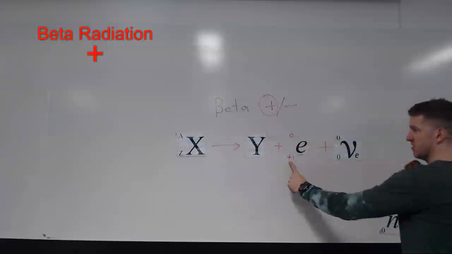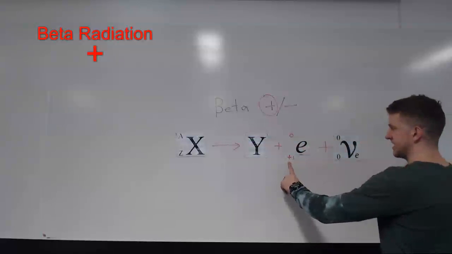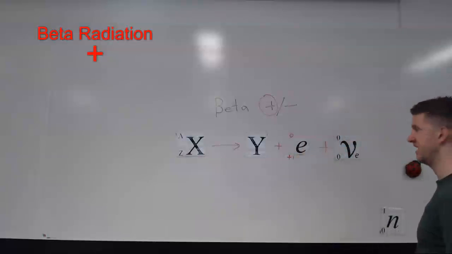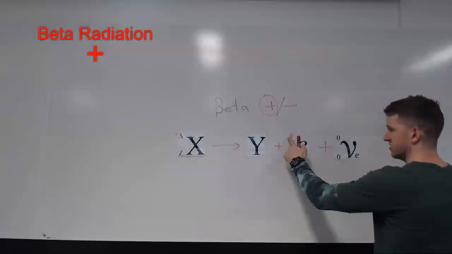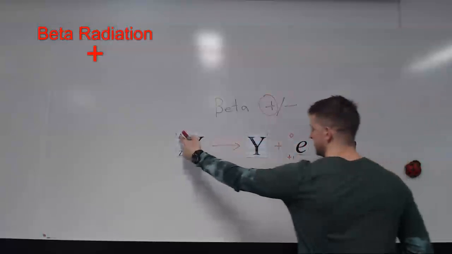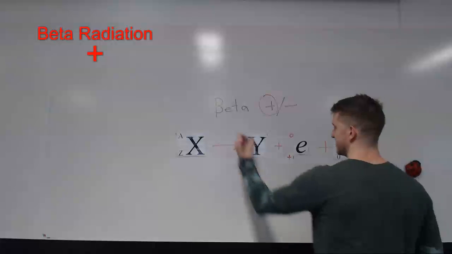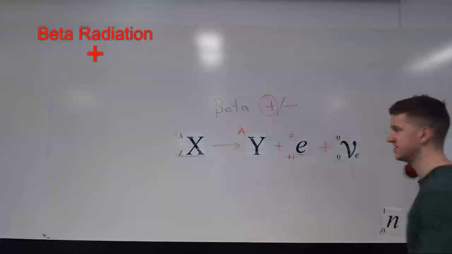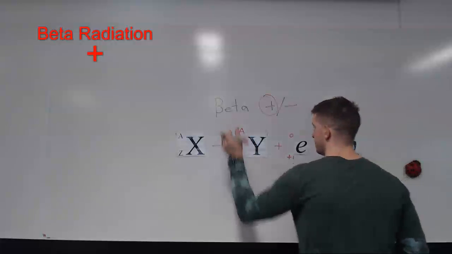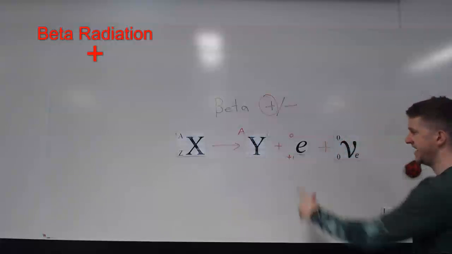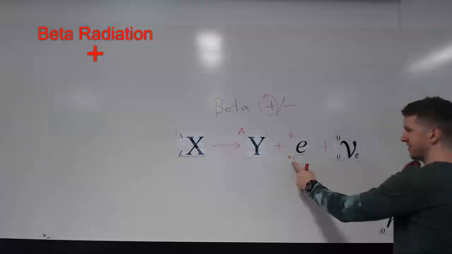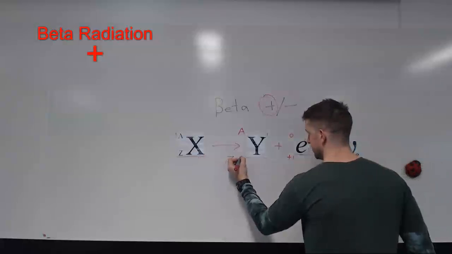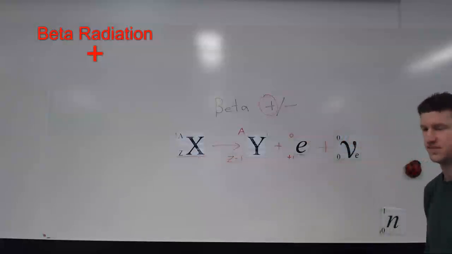However, our positron has a +1, it's gained or taken away a proton, we can think of it that way. No neutrons though, hasn't affected that. So this A, protons plus neutrons, has to just be A. That hasn't changed, that balance is still the same. However, if we look at the Z, if I've got a +1 here, I've gained 1 from my Z, that means this has to have lost the 1 to balance out.